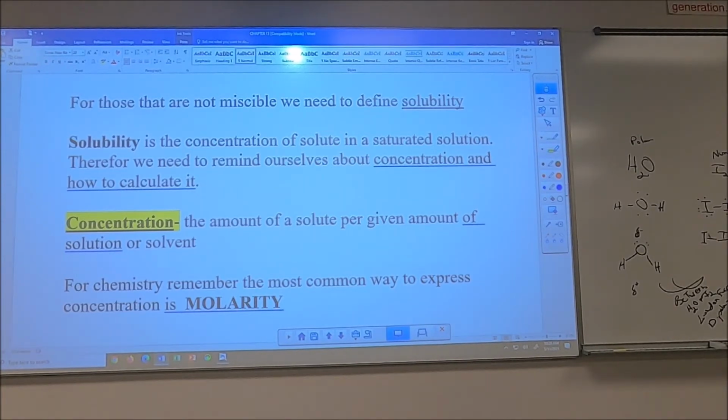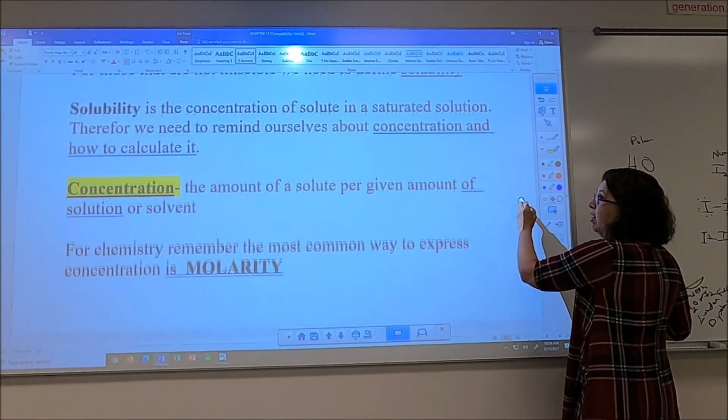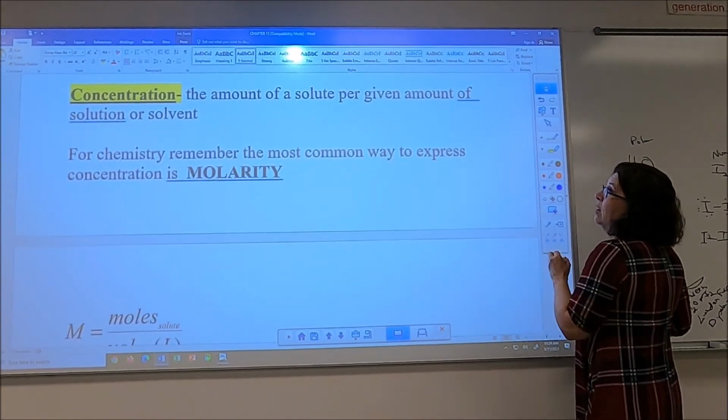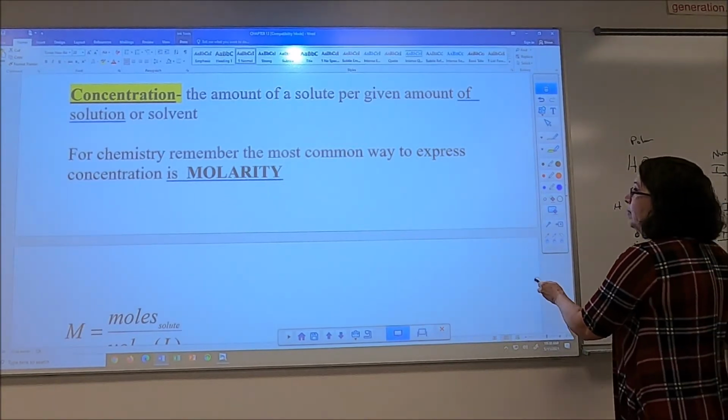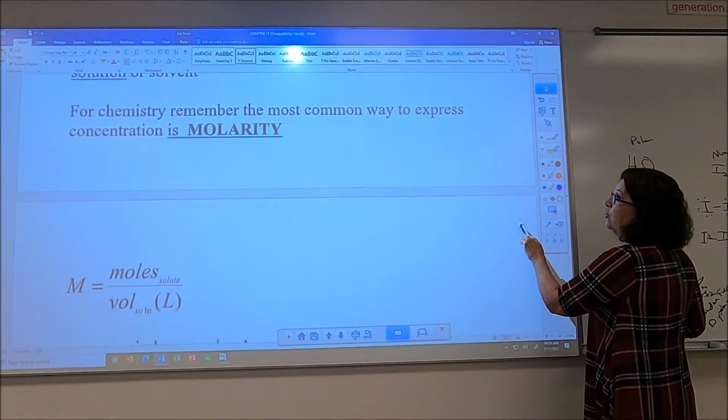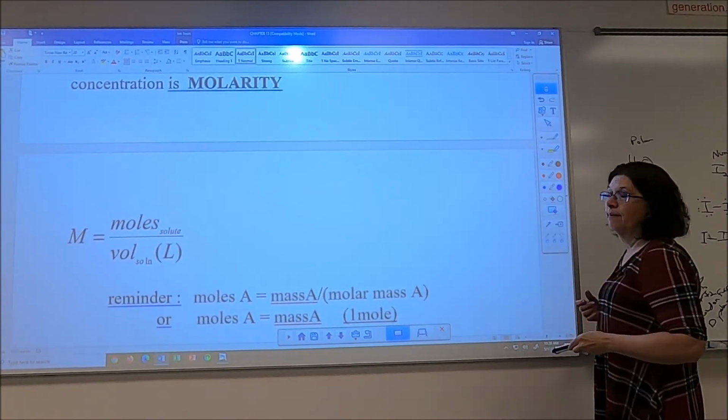Therefore, we need to remind ourselves about how we express concentrations. So what's concentration? Concentration is the amount of solute per given amount of solvent or solution. In chemistry, like you learned last semester, the most common way to express concentration is molarity.